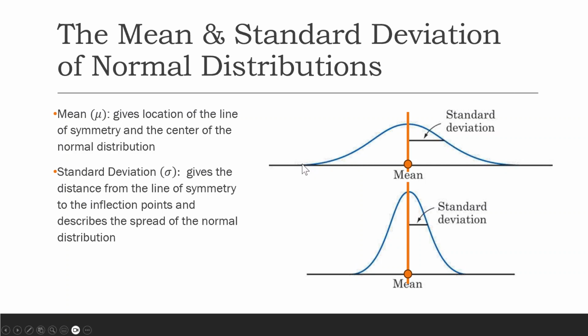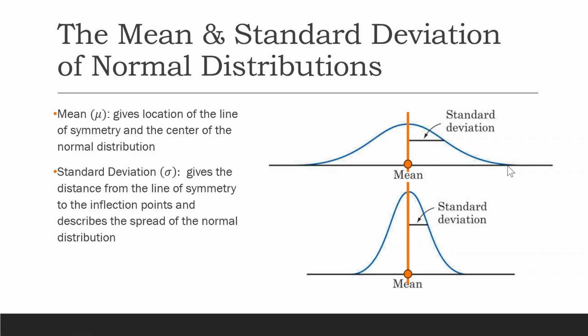This distribution curves where it's opening upward. And then somewhere in this area here, the normal distribution starts to open downward. Then over here, it starts to open upward again. The points where it changes from opening upward to downward, and then from downward to upward, are called inflection points.